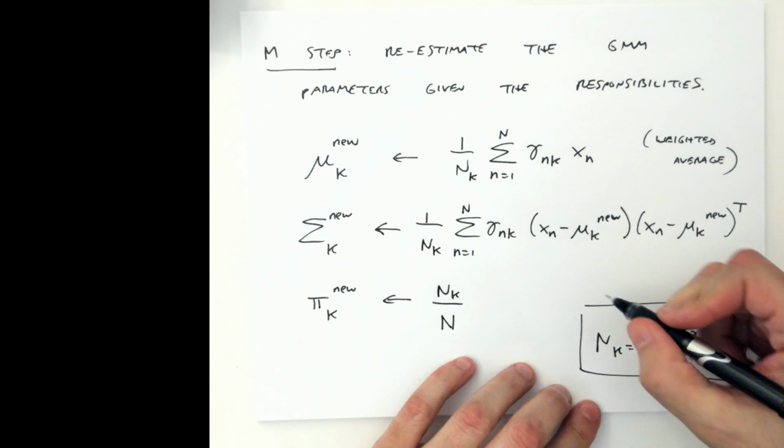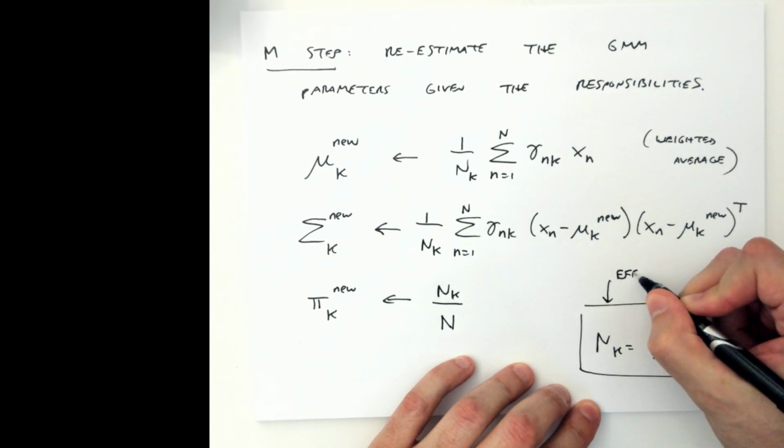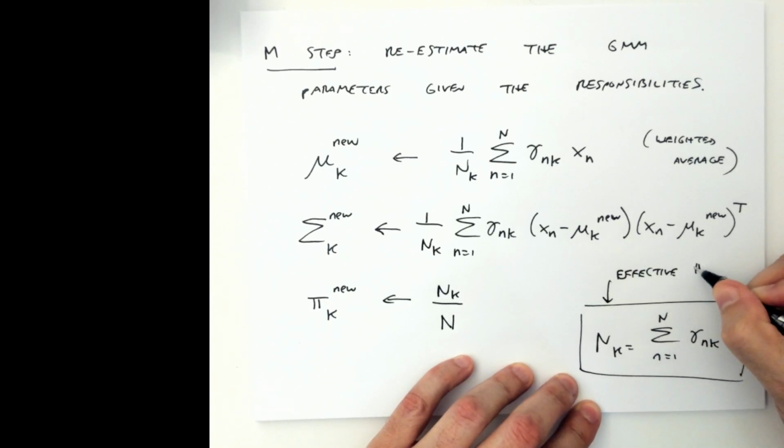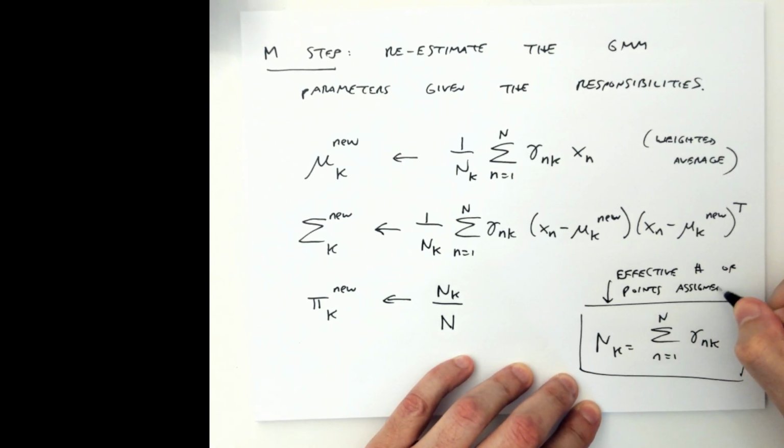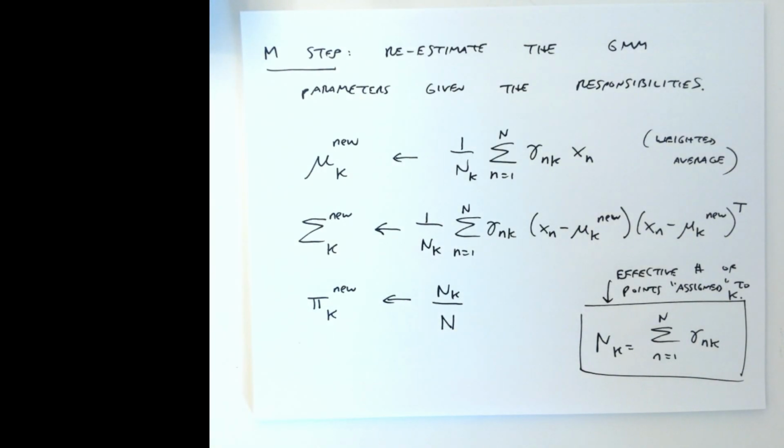This is the effective number of points assigned, I'm going to put assigned in quotes, to k. So they're just weighted sum versions of the formulas that would make sense when these numbers are fractional and not binary. It's a softening up of the hard assignment.